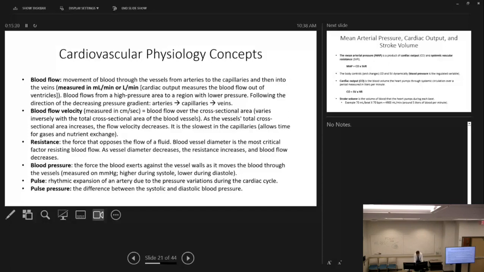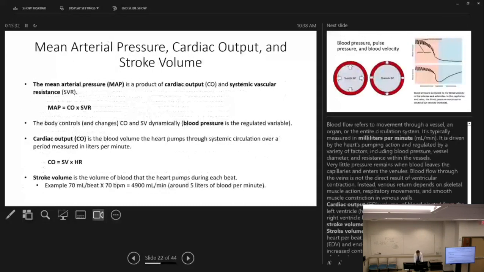We have more concepts here. One of them is the mean arterial pressure. The mean arterial pressure is the product of the cardiac output and the systemic vascular resistance. And the cardiac output is something that we can calculate simply by multiplying what we call the stroke volume, or the amount of blood that the heart pumps in every beat, times the heart rate.